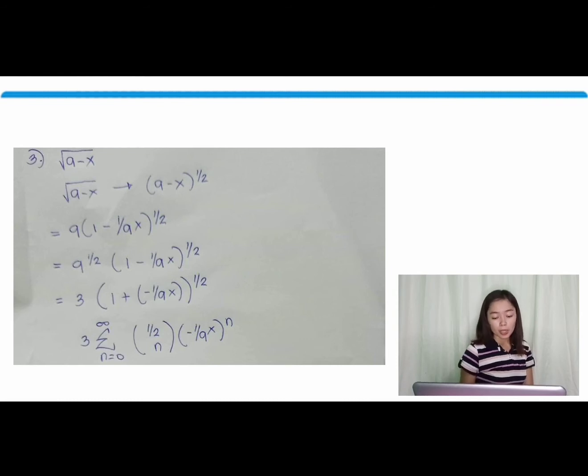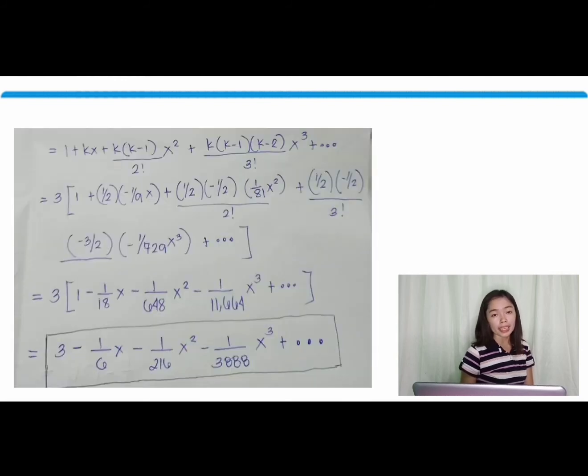Then we need to plug it into the general form. We have 3 times the summation of (-1/9 x)^n as n goes from 0 to infinity, and in the index k choose n we need to replace k by 1/2.